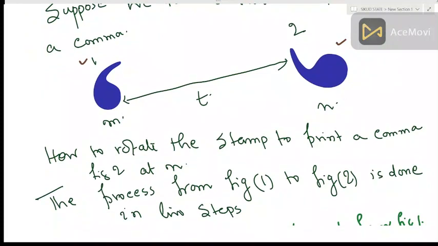If you have to put a rubber stamp of a comma in this shape at position 2, what do you have to do? You have to make some movements, and it is specified that the distance between 1 and 2 will be t units. You have to stamp or print a comma of this shape at point 2 at a distance of t units. What type of movements will you make?